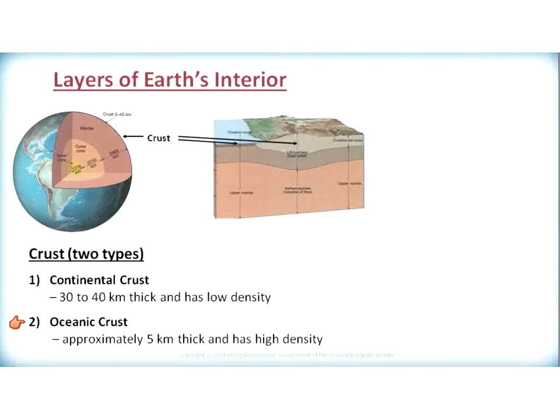In the diagram, we can see the corresponding continental crust located within the continents and has a thicker composition, anywhere from 30 to 40 kilometers thick. And the oceanic crust is relatively thin, which extends only about 5 kilometers thick.